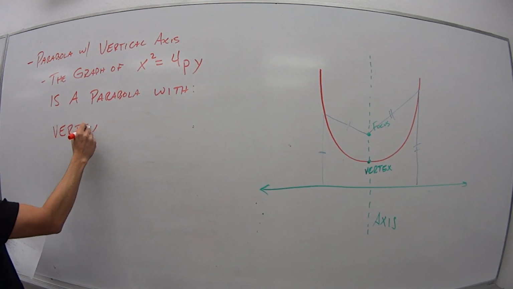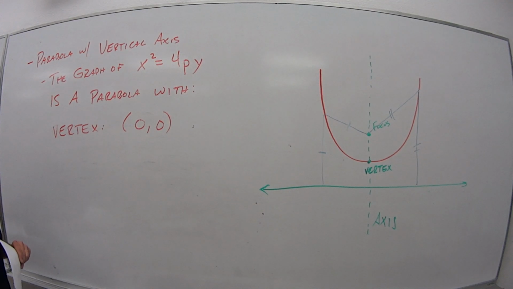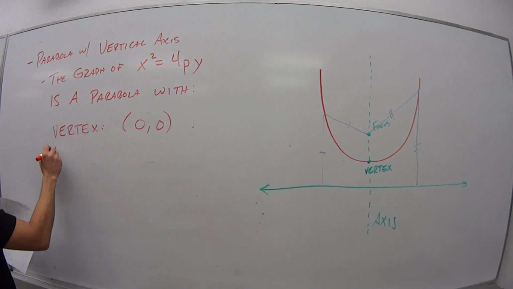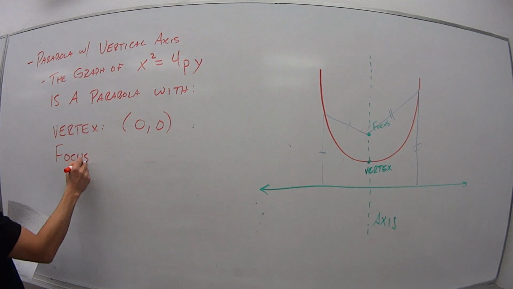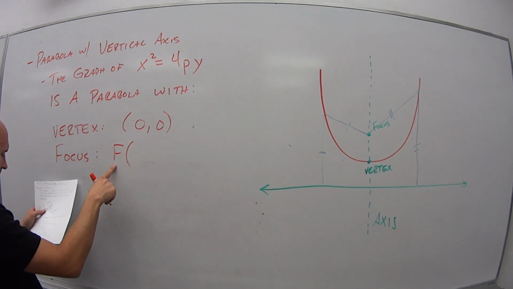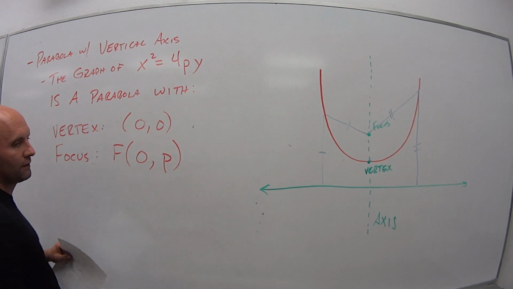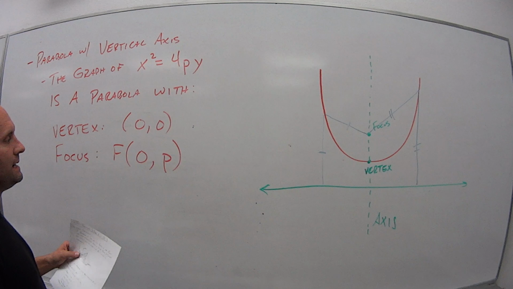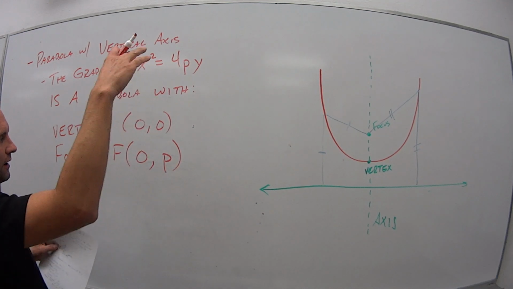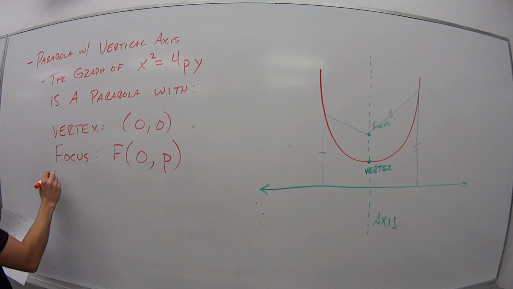Again, as I mentioned, the vertex is at 0, 0. The focus is the point F with coordinates 0 and p. That tells us how far up or down we're going from the origin.